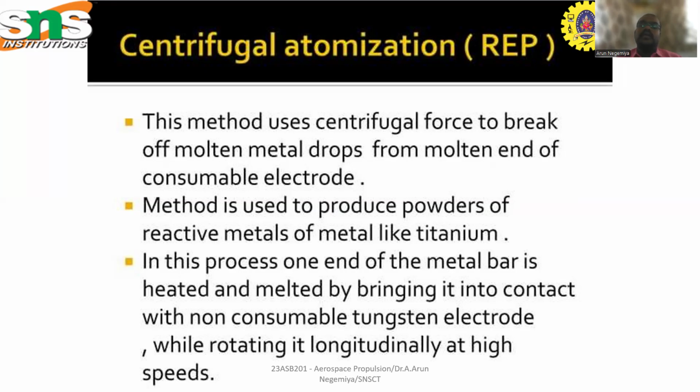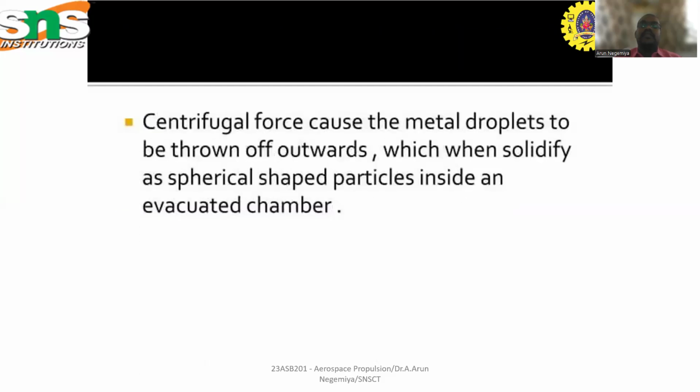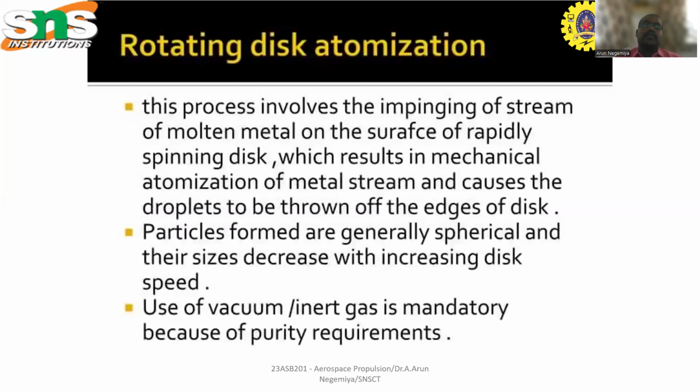This method is suitable for titanium molten metal. In that case, the titanium molten metal is poured inside the centrifugal atomization process. It can break the solid metal, and finally we will get smaller shapes of the molten metal.